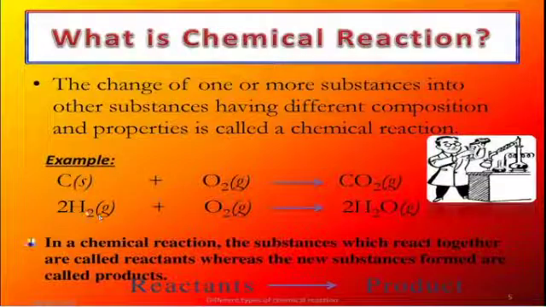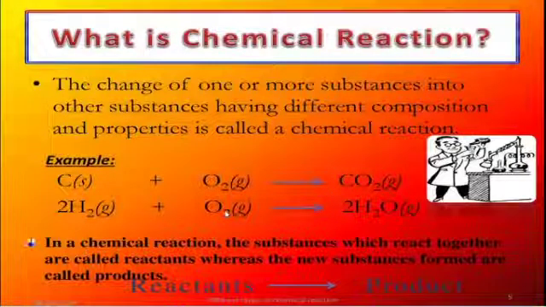What is a reactant and what is a product? In this reaction, carbon and oxygen are the reactants and carbon dioxide is the product. Here, hydrogen and oxygen are reactants. The water is the product.